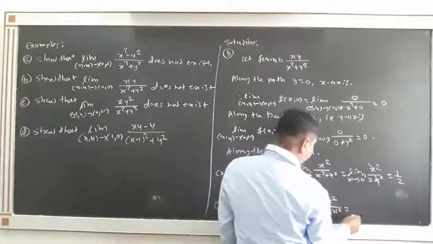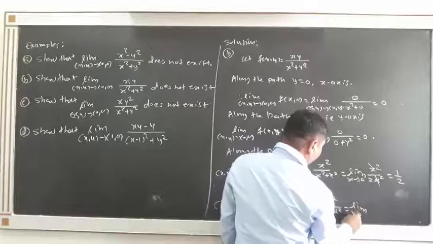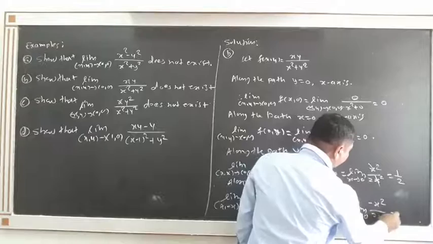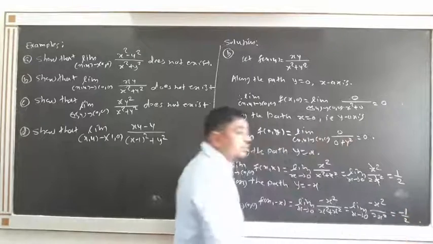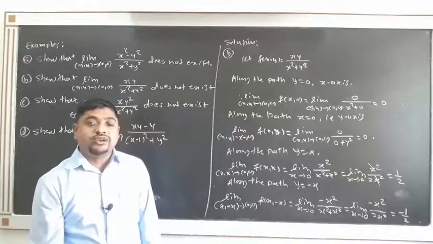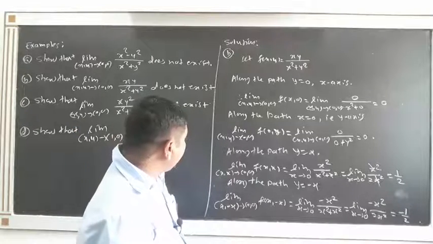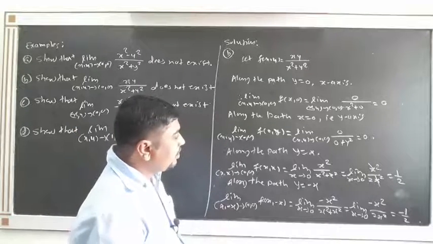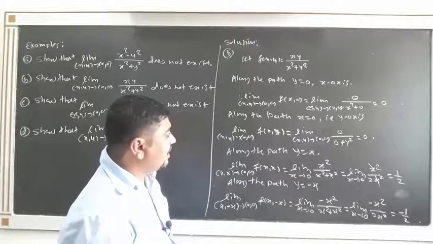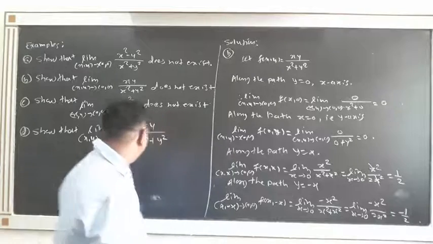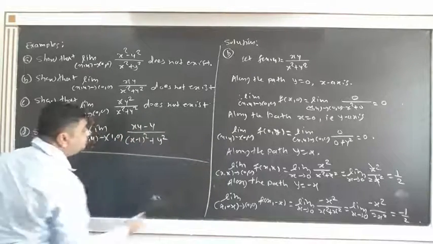It should be the limit as x tends to 0 of minus x square upon 2x square, and now it is minus half. Therefore the limits along the two paths are different. So what should we write as the conclusion?